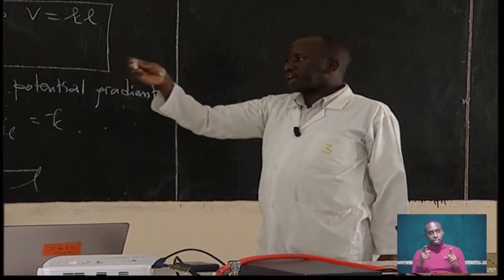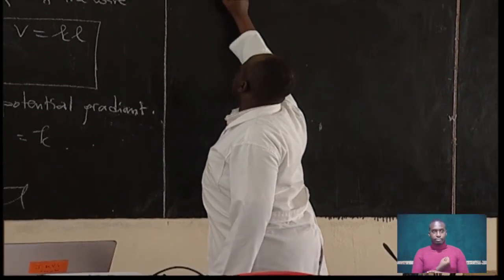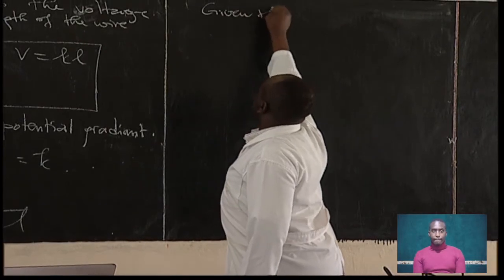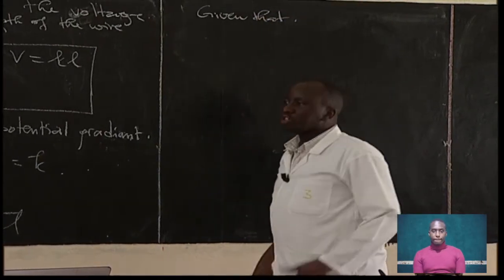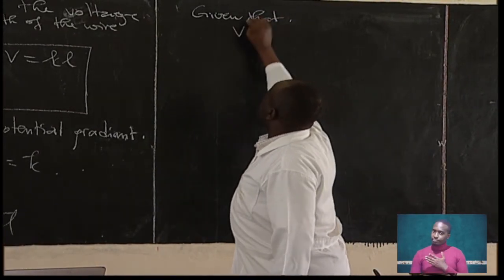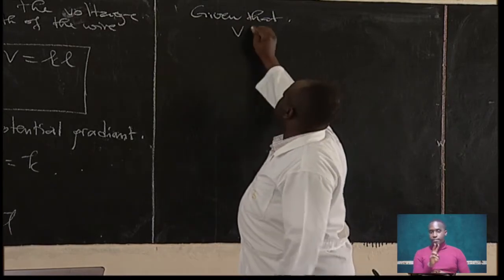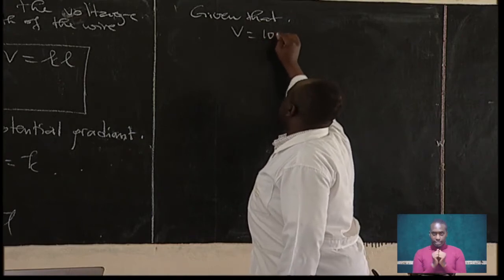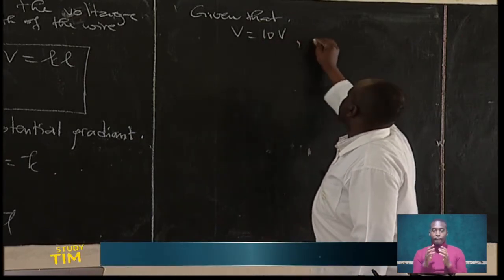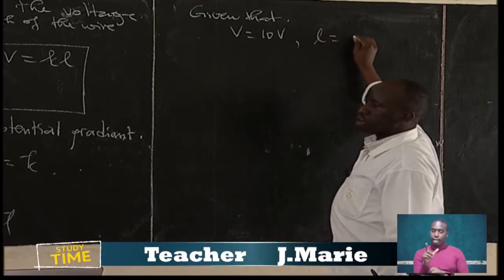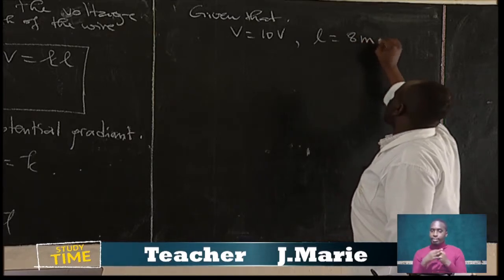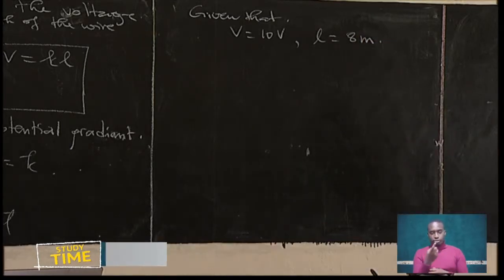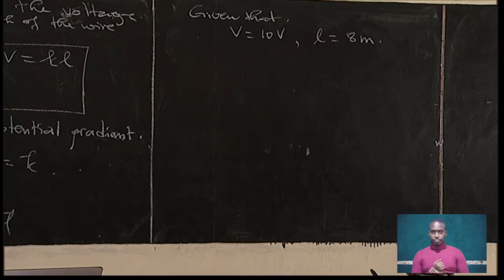As you see there, we have the given that V, the potential difference, is equal to 10 volts, and we have L equal to 8 meters. So this means that you have all of this length there.